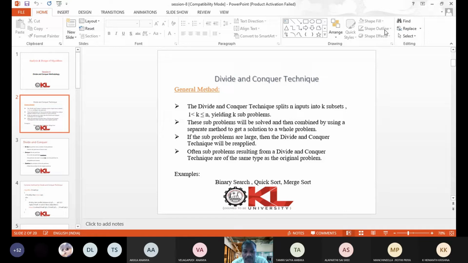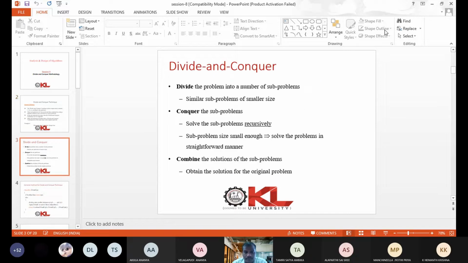There are many examples, like binary search, quick sort, merge sort, convex hull. Many problems are there for this divide and conquer technique. This is how the algorithm works: divide, conquer, combine.